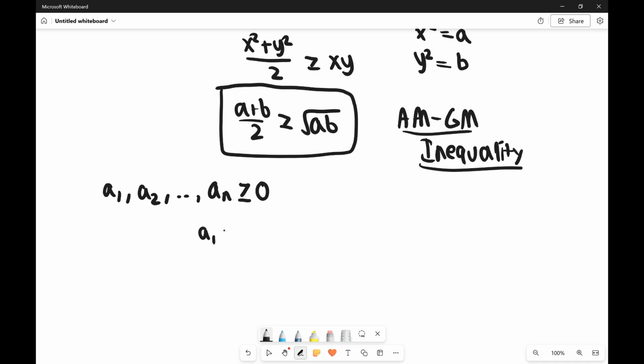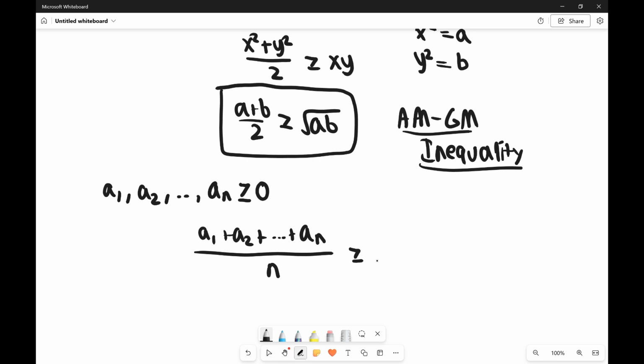Then a1 plus a2 plus all the way to plus an over n, which is known as the arithmetic mean of the numbers, is greater than or equal to, and now we want something with their product, and we want to have it degree 1 because this side is degree 1 as well. Because if we have one degree 1 and one degree 2 over here, then we can make one side very skewed and the other one really small.